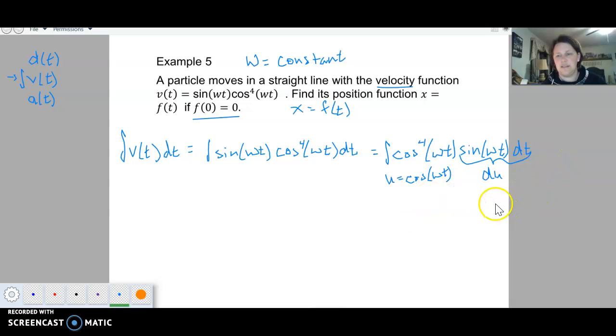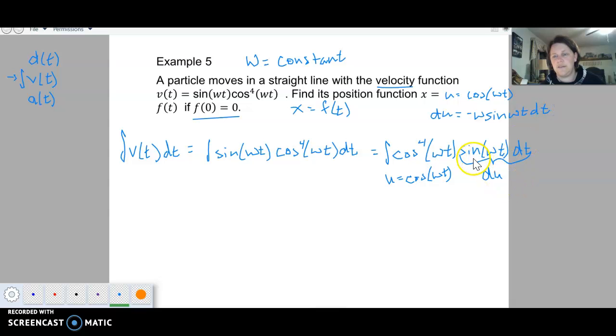Okay, so let's write that out a little better. So up here we will have u is equal to cosine of wt, and then du is equal to negative w sine of wt dt.